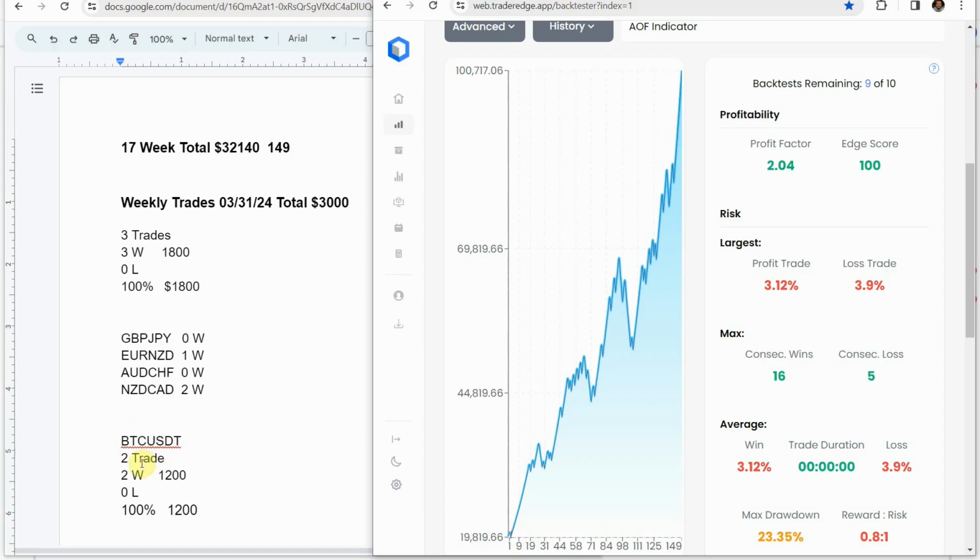On the crypto coin, we had 2 trades, 2 winning trades, a 100% win rate, again a gain of $1,200 for an overall gain of $3,000 altogether on the week. At our 16-week total now, we would have been up $32,140 over 149 trades. And so really good stuff from the Academy of Forex indicator.